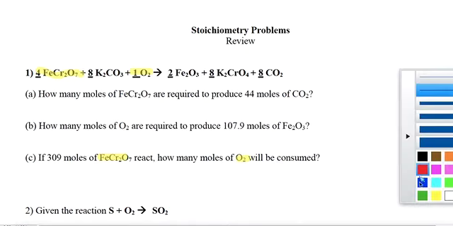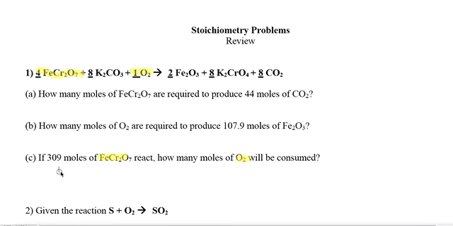So, back to green. So we do 4 of the FeCr2O7, and I'm just going to write Fe on the top here because I don't feel like writing the whole thing out. Over 1 O2 equals, and we've got 309 Fe, and then a question mark, right?